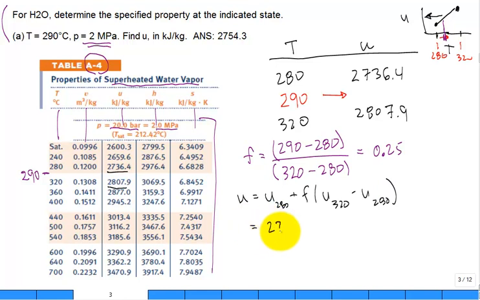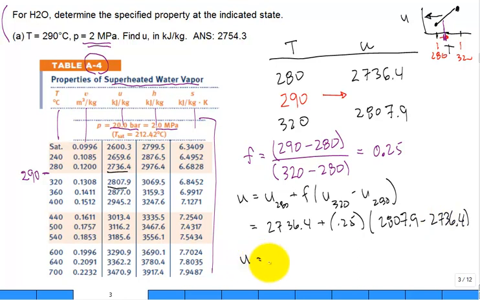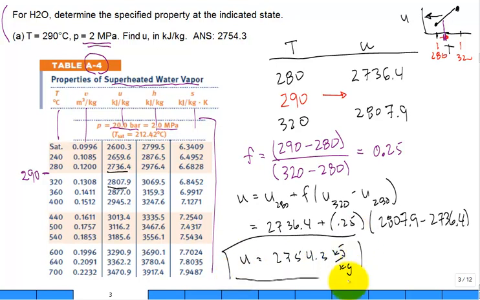So we have 2736.4 plus the 25% times 2807.9 minus 2736.4, and then we compute the final answer, 2754.3 kilojoules per kilogram, and box it.